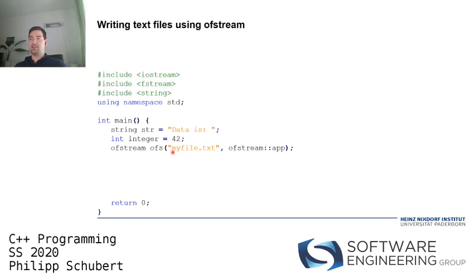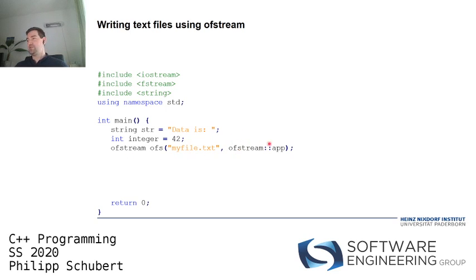If a file by that name, myfile.txt, already exists, that file will be overwritten. So be very careful when you implement stuff like that. If you already have a myfile.txt on your system and you write something like that in your code, it will just overwrite that file and remove your existing file.